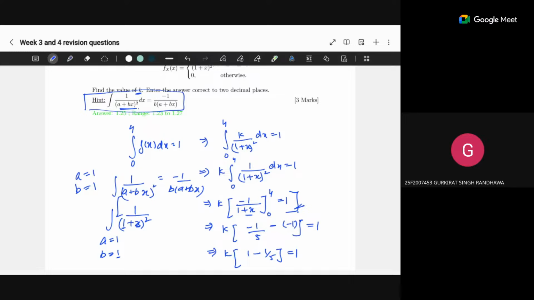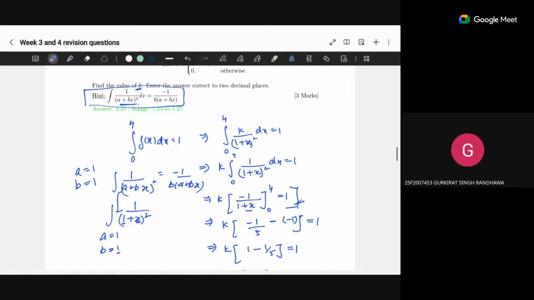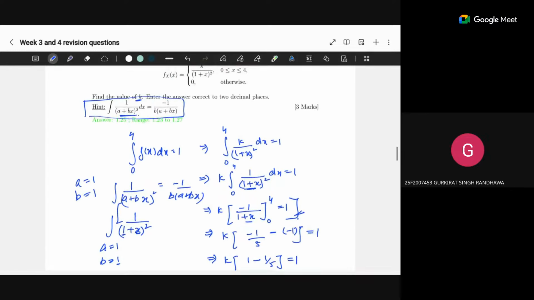You can do that. But in this case, we don't have a constant term. If we have any constant term, we have to deal with that as well. So we have to deal with this also.